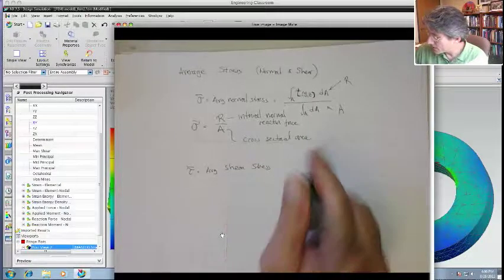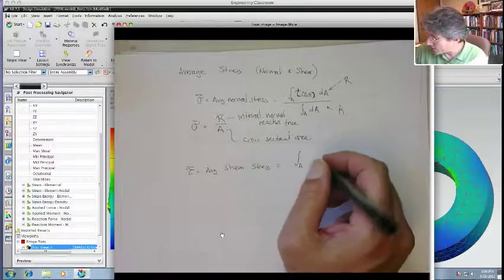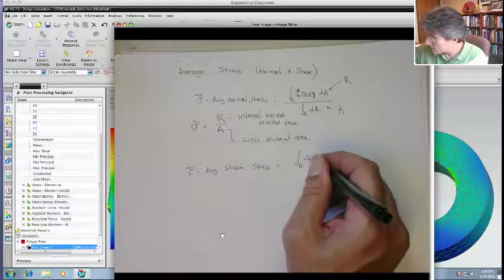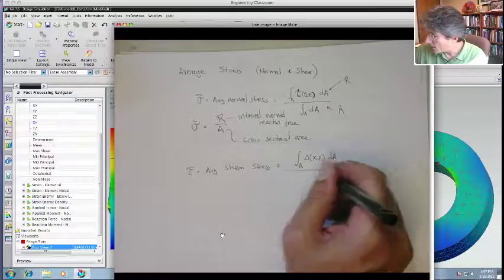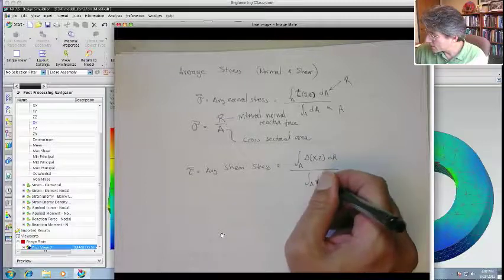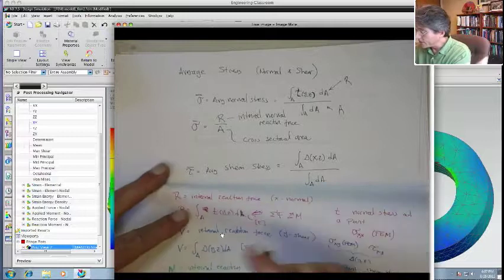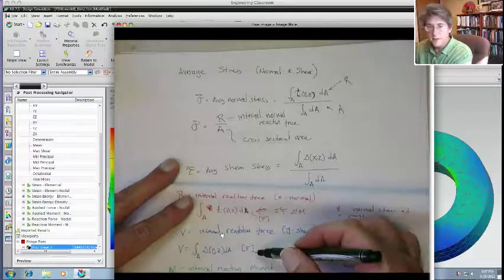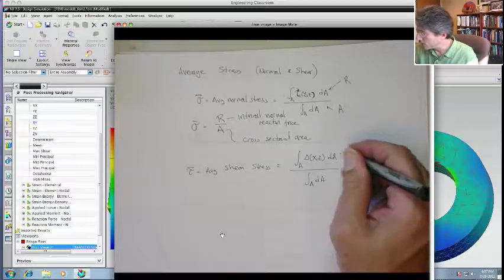And again, that's going to be the integral over the area of the point shear stress, which is the S dA over the area. All right? And then if you look at this, you can see that the numerator here is the internal reaction shear force, V. So this is V.